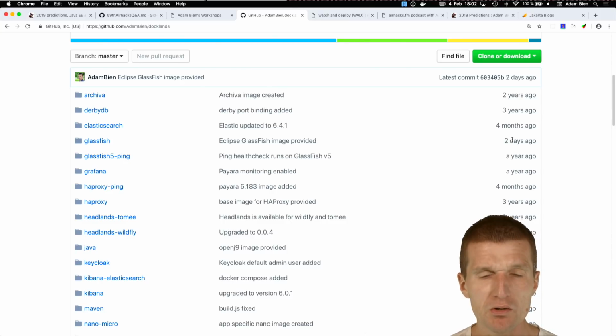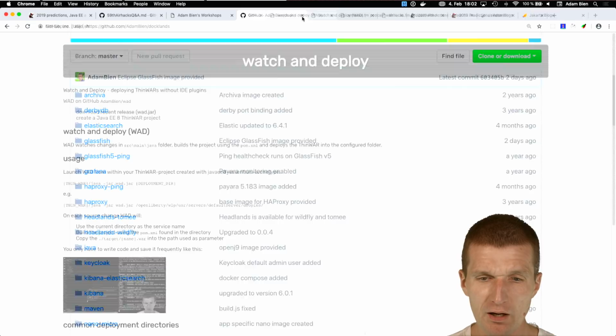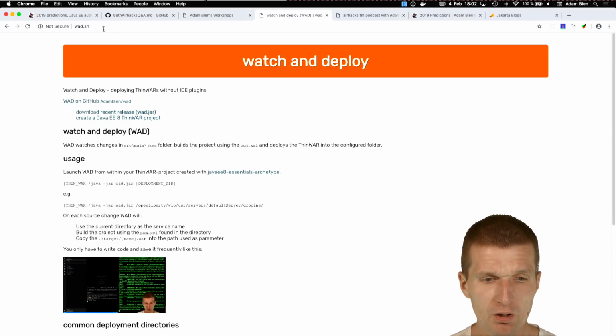The great story is if you start with the Java EE 8 archetype, my old archetype, it will automatically generate the Dockerfile for this glassfish, because it uses airhacks/glassfish, and it will point to the latest image of glassfish. And now the latest image of glassfish is glassfish 5.1, and this glassfish 5.1 is the Eclipse glassfish, or Jakarta EE glassfish.